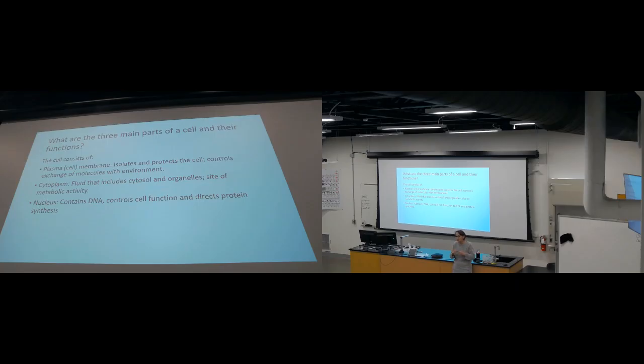The cells have many parts that we call organelles, and these individual parts each have a function. We will see what the different functions of these organelles are. And in the cytoplasm is where most metabolic activity takes place in the cells.